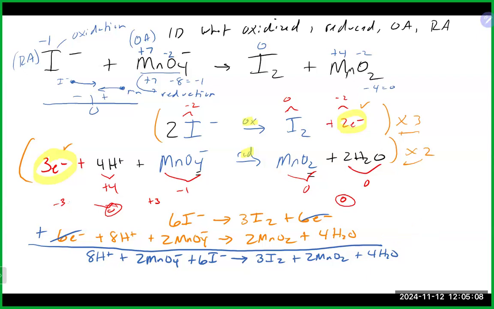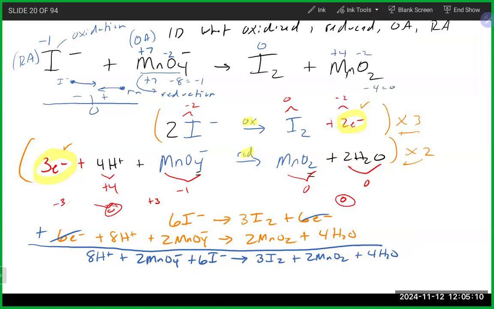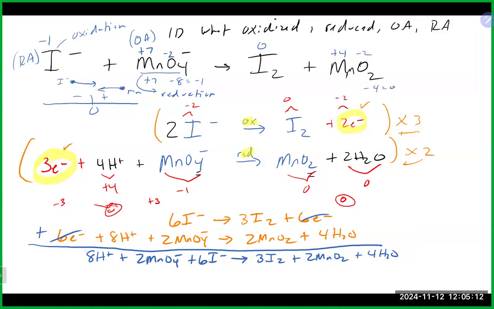So to do basic, we're just going to add OH minuses once again to both sides equal to the number of H pluses. So in this case, 8 OH minuses and 8 OH minuses. That's going to give us 8 waters, which will then reduce down to 4 waters.